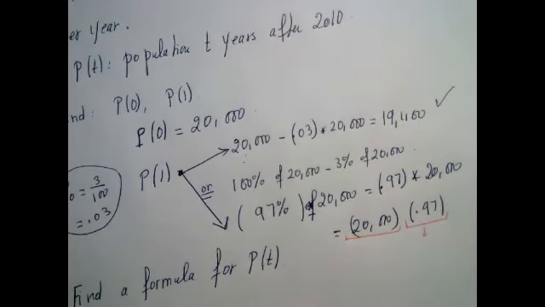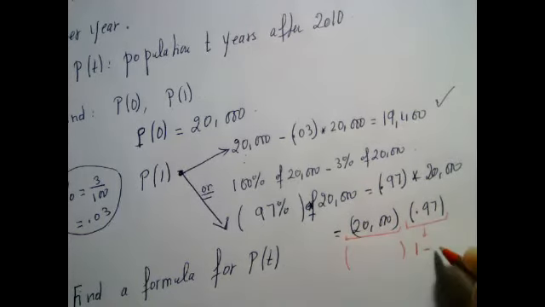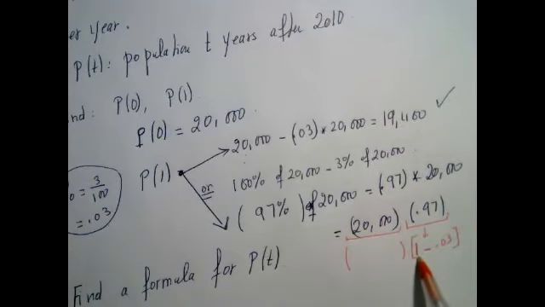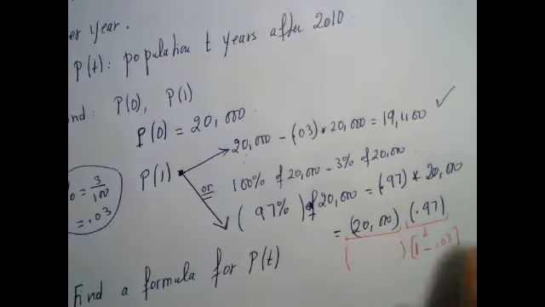So 0.97 is 97%. It means the 100%, you take away the 3% from it. So the 0.97 is actually the 1 minus 0.03, which represents 100% minus the 3%. That's where the 0.97 is coming from.